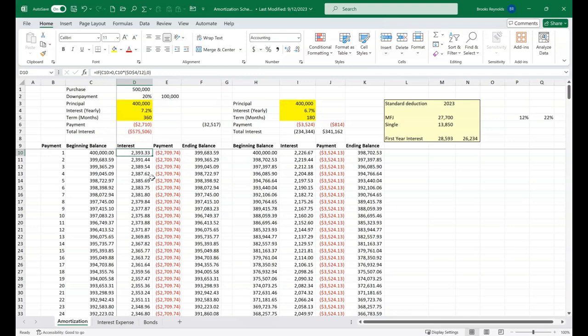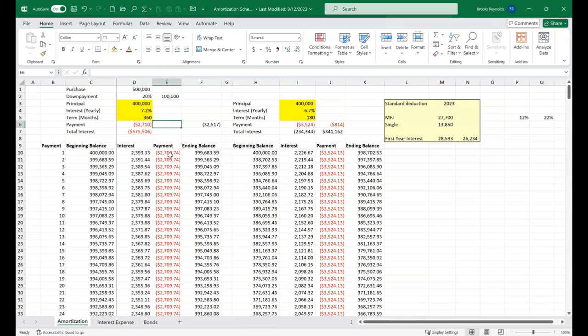That just means that going down the line, when it's paid off, it'll stop calculating interest. Okay, so the interest is going to be 400,000 times 7.2% divided by 12.